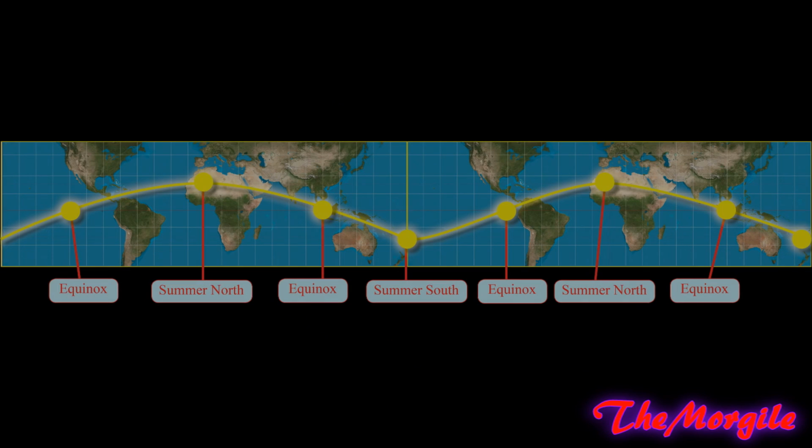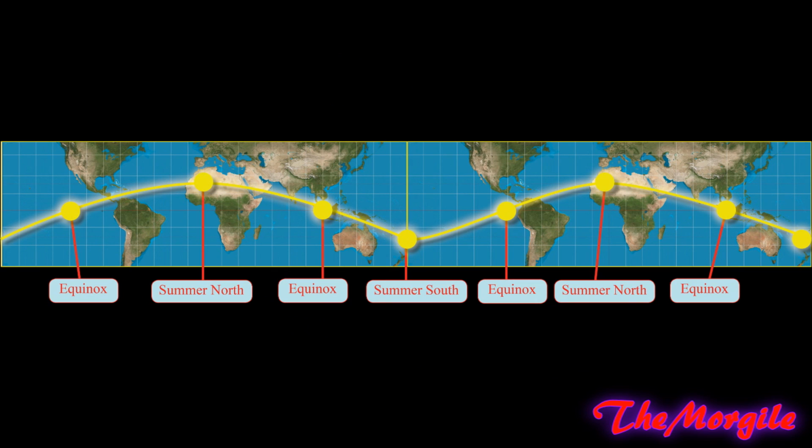Now, because of this orbit of the Earth with its tilted axis to the ecliptic plane, apparently the sun appears to travel from the Tropic of Capricorn to the Tropic of Cancer and back over the course of a year. And again, when it's above the Tropic of Capricorn, that would be during the southern summer or during the orbital apogee.